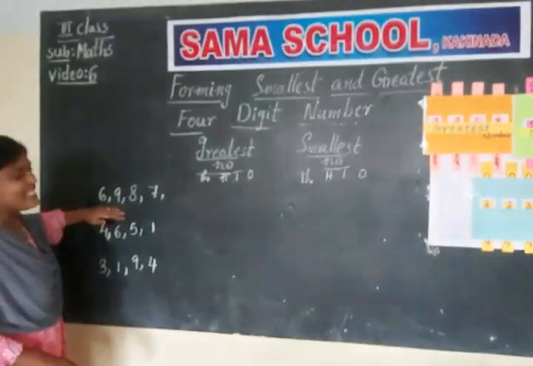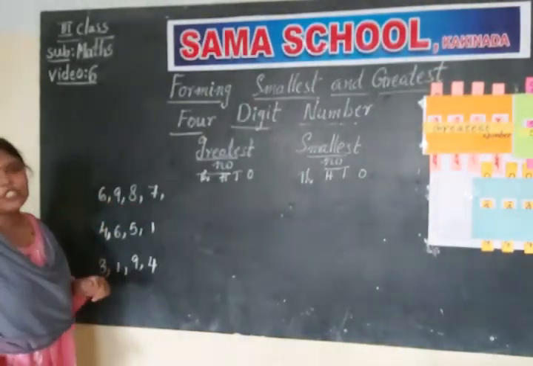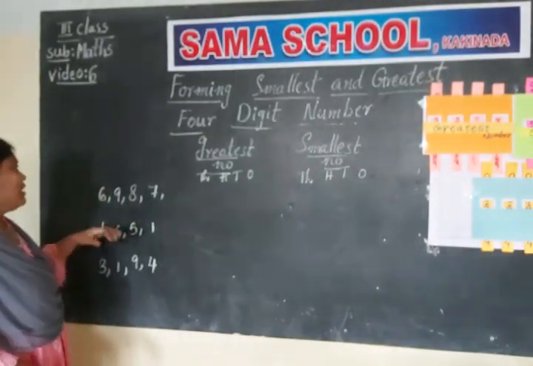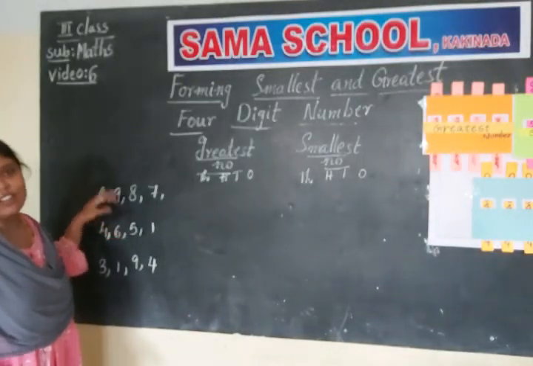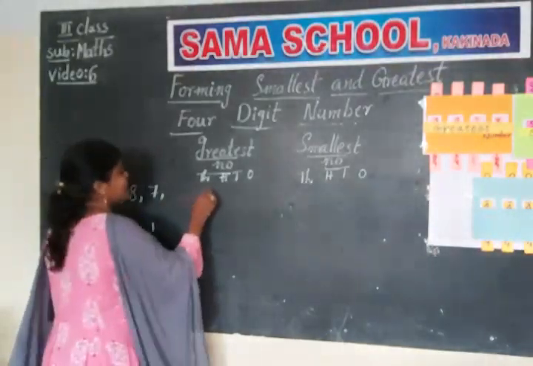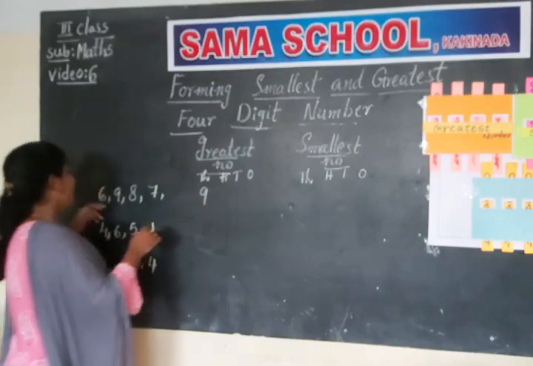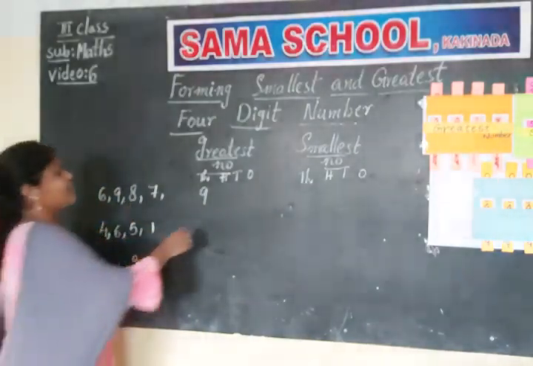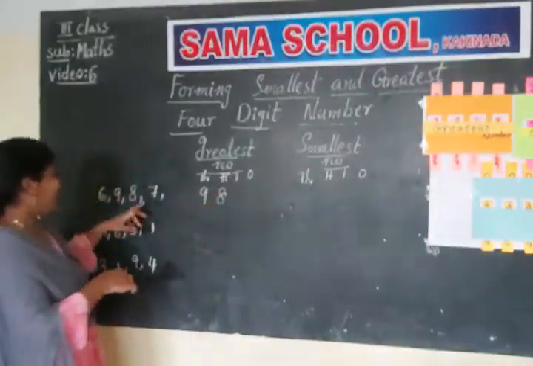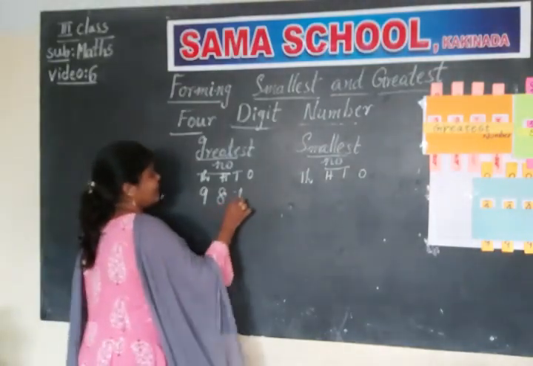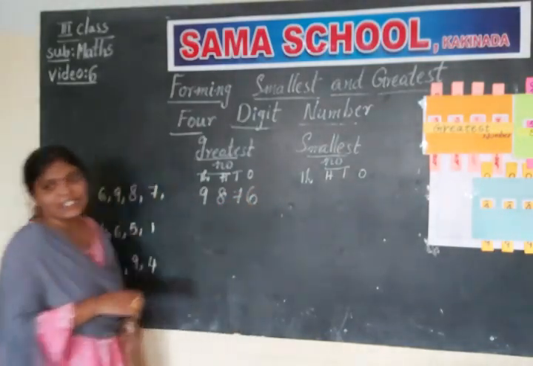Among these digits, which is the bigger digit? Yes, 9. So write 9 in the thousands place. And the next one is 8, then 7, and at last 6.